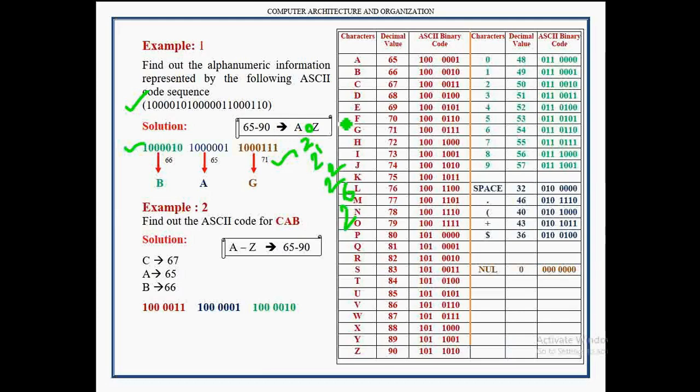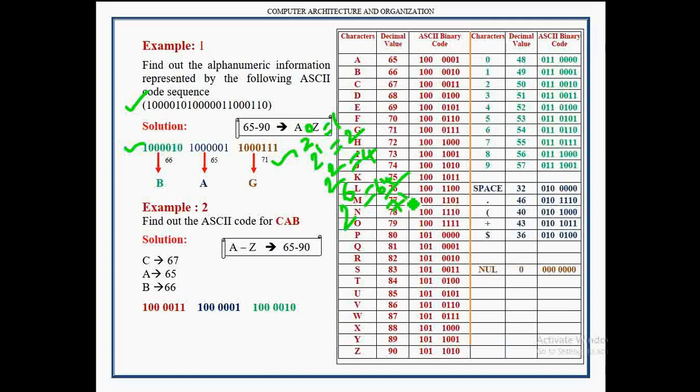The value for 2 power 0 is 1, for 2 power 1 is 2, for 2 power 2 it is 4, and for 2 power 6 it is 64. If we add all these weights, we will get the decimal value 71.